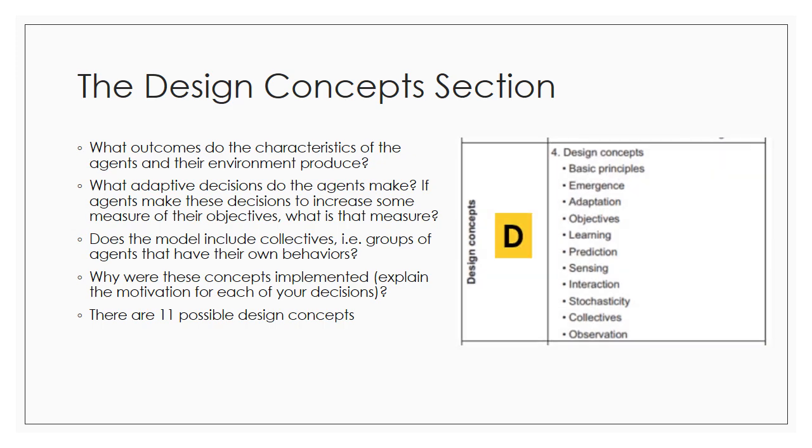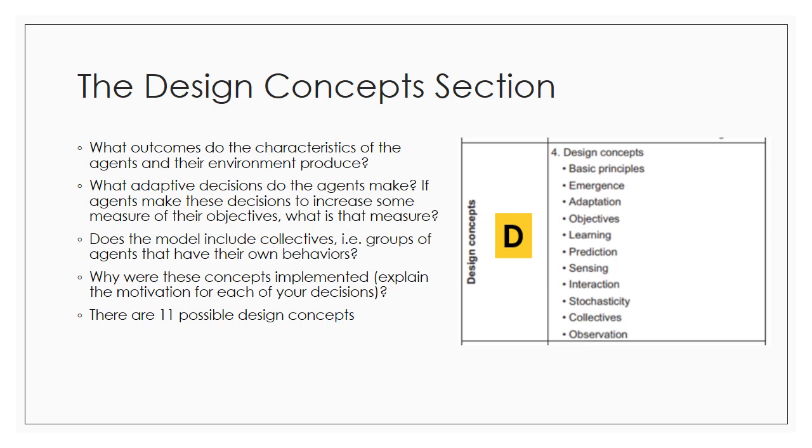This section addresses questions like, what outcomes do the characteristics of the agents and their environment produce? What adaptive decisions do the agents make? If agents make these decisions to increase some sort of measure, what is that measure and how do they increase it? You're also going to want to define whether the model includes collectives, that's groups of agents that have their own behaviors.